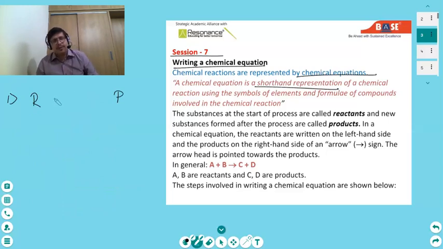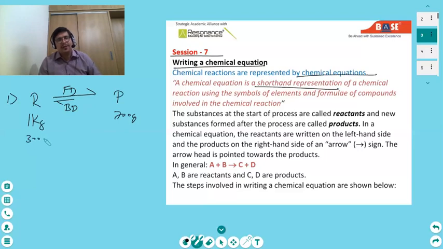Sometimes you will also see that our reaction is written like this. It means that the rate of the forward reaction, the speed at which the reaction is moving in the forward direction, is more than that of the backward direction. Reverse is also possible. For example, in layman's terms, if you start with 1 kg of reactant, and going from reactant to product you get 700 grams, then in the backward direction you will again get back 300 grams.